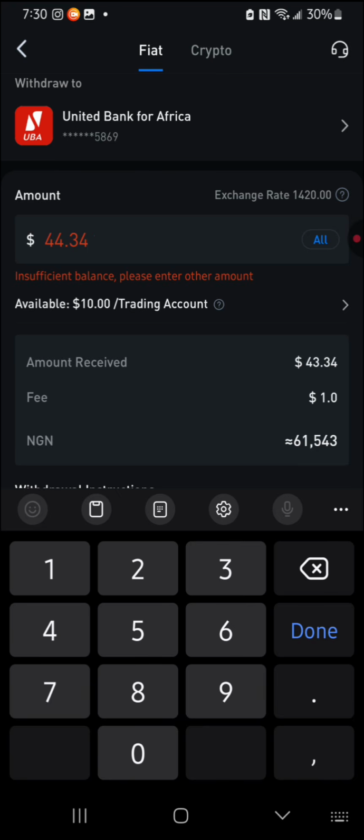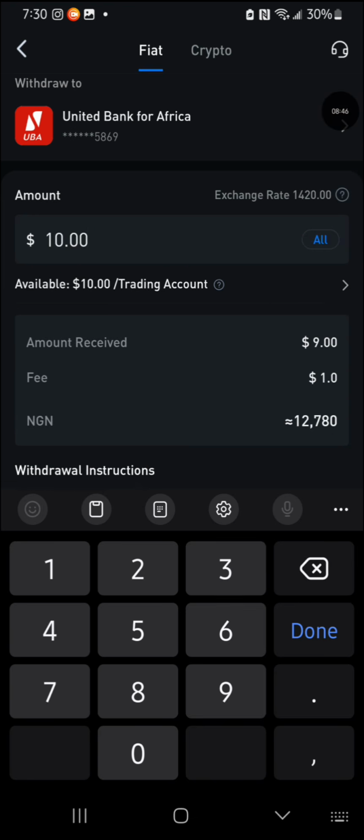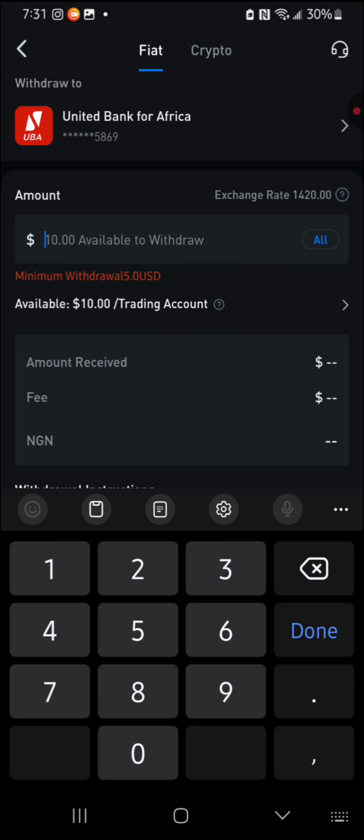If I want to sell my own, I only have about 10, so I should get about 12,000 in my own money right now. At the end of the day, when you make about 1,500, you can choose to do it again if you want to. So that's how it works.